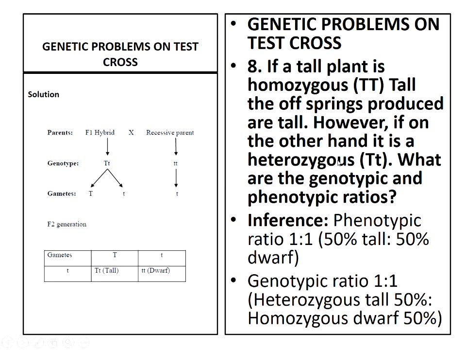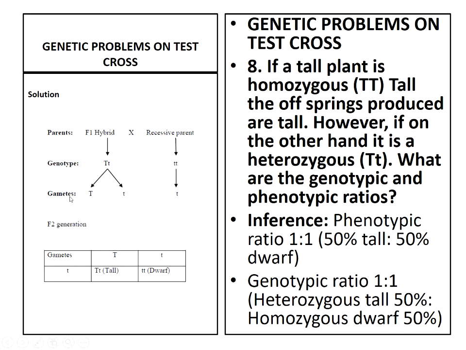In the question they have given what will be the F2 generation if the heterozygous tall plant is crossed with the recessive parent. So we have taken the genotype capital T small t, that is heterozygous tall, crossed with the recessive parent, small t small t, that is the dwarf condition.